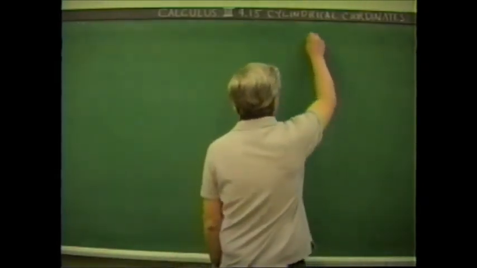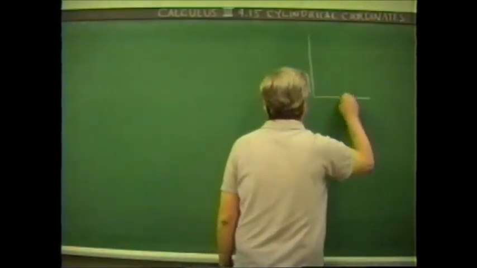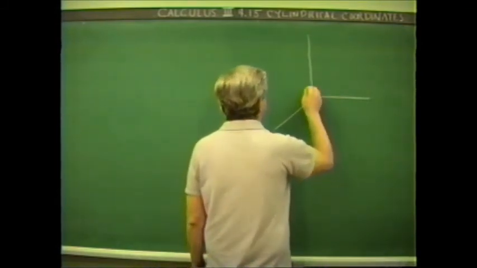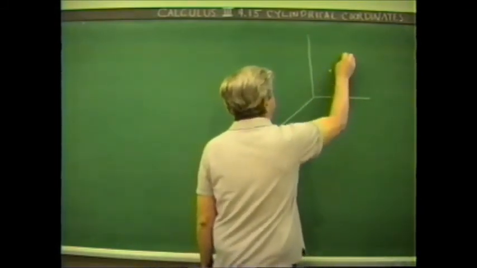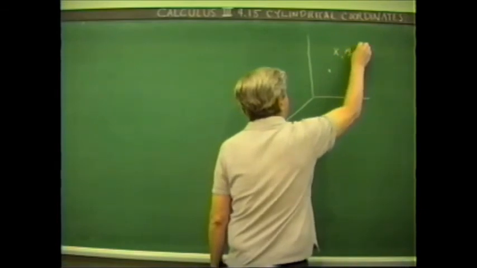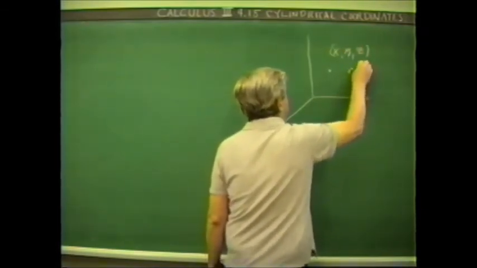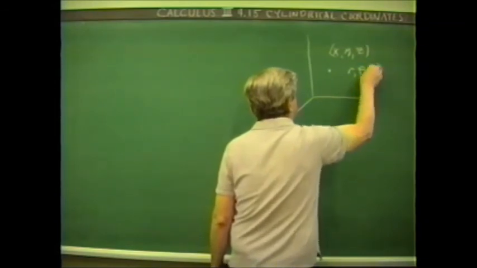Procedure, we're going to want to consider two additional coordinate systems, and the first of these is called cylindrical coordinates. Instead of writing things in terms of x, y, and z, we want to correspond to a point, which would normally correspond to x, y, and z, the triple r, theta, and z.